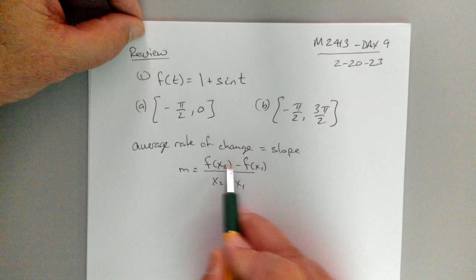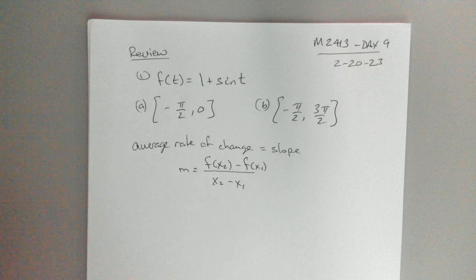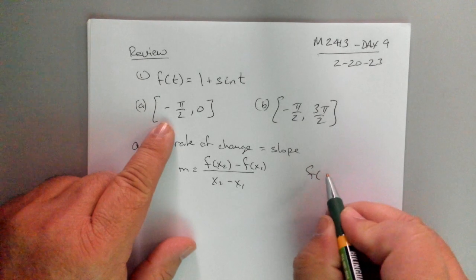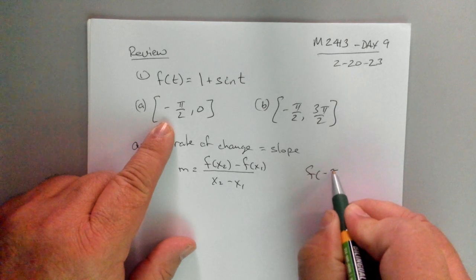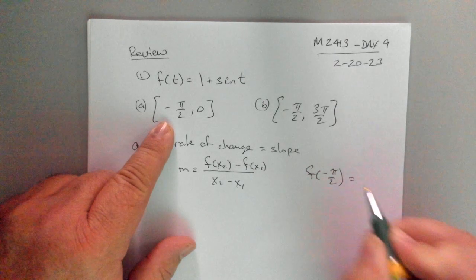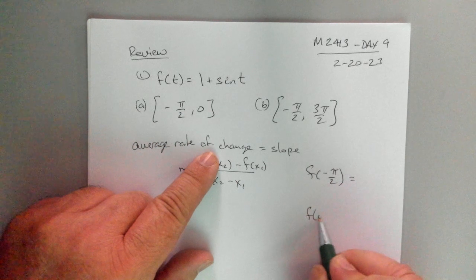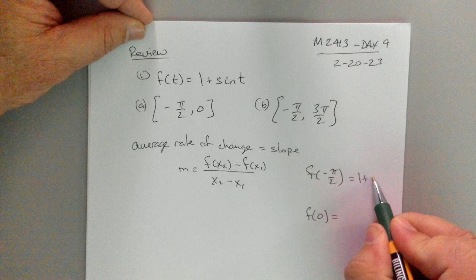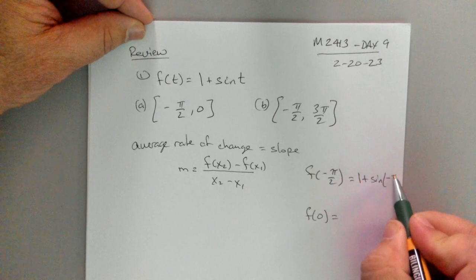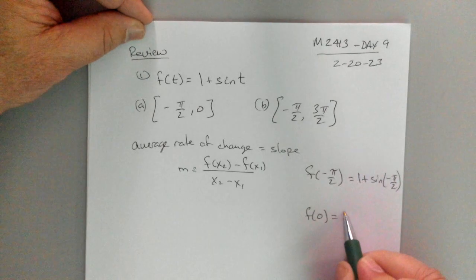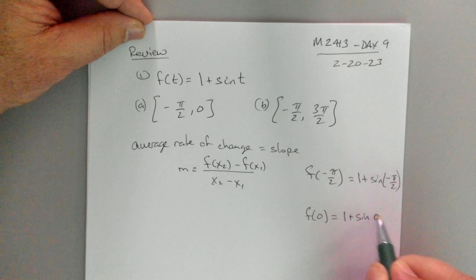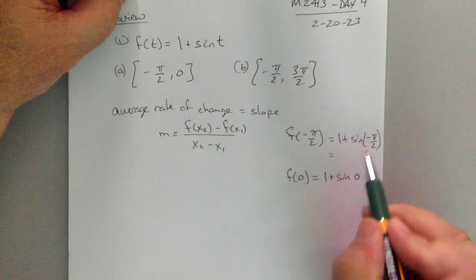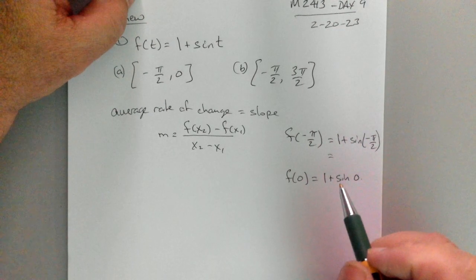All right, so the first thing I do is find f of x1 and f of x2. What is sine of negative pi over 2?